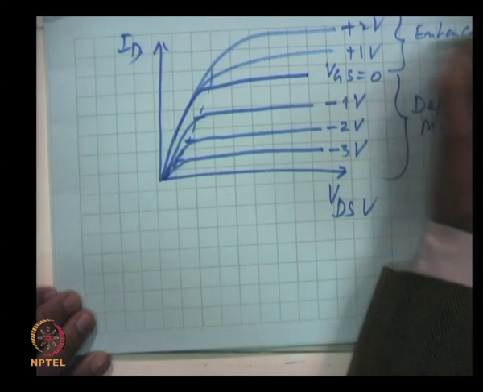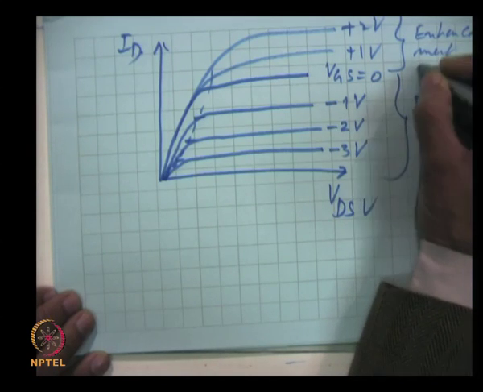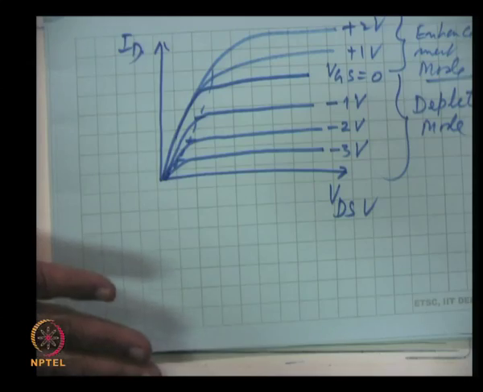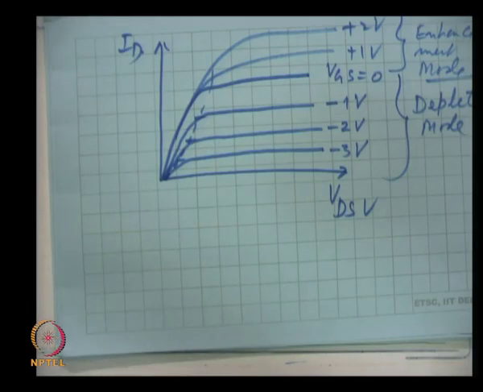Enhancement mode. Remember, enhancement mode is different from the enhancement type E-MOSFET. A depletion MOSFET can be operated in the two modes, depletion mode or enhancement mode, simply by changing the polarity at the gate.